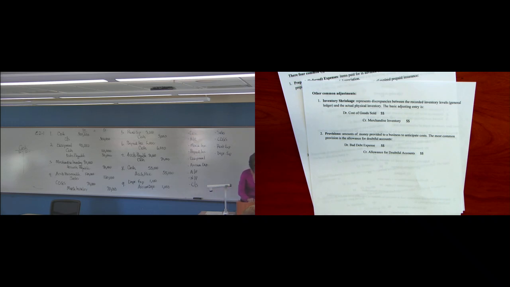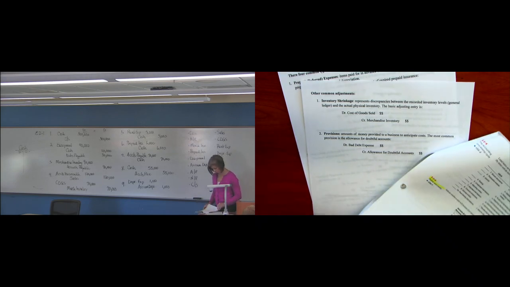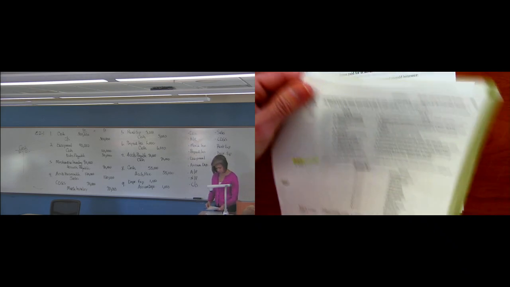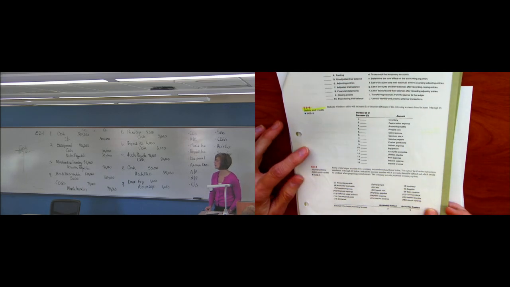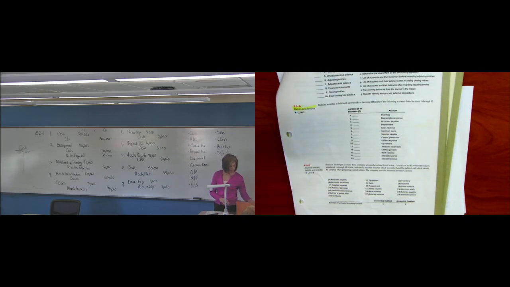Okay, so I'm going to ask you guys to try something between now and, wait, today's Thursday, huh? Two things I want you to do for me. This doesn't really have anything to do with adjustments, but this is good practice. For the weekend, I want you to work on exercise 2.6 on page 93.